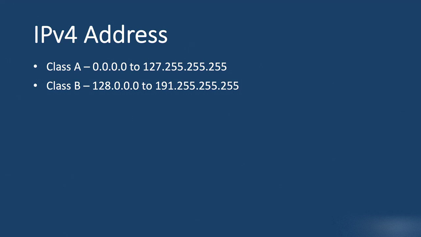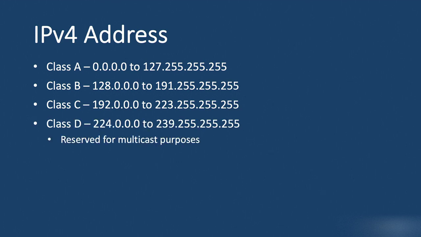128.0.0.0 to 191.255.255.255. Next, we have Class C, which starts from 192.0.0.0 to 223.255.255.255. Next, we have Class D, which starts with 224.0.0.0 to 239.255.255.255.